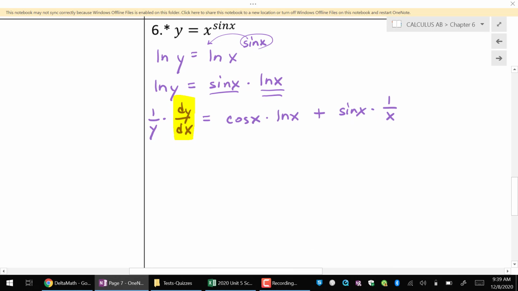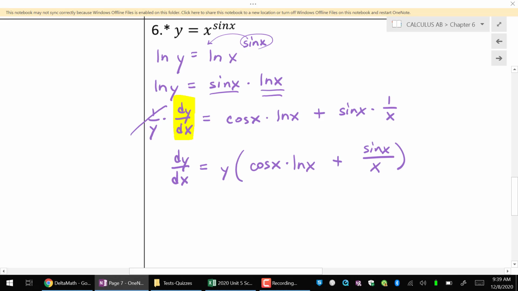So to finish the problem here, I want to multiply by y to get rid of this y over here. So dy dx will equal y times all of this, cosine x times the natural log of x plus the sine of x over x. And then maybe one final step here. We want to make sure that our derivative is written in terms of x.